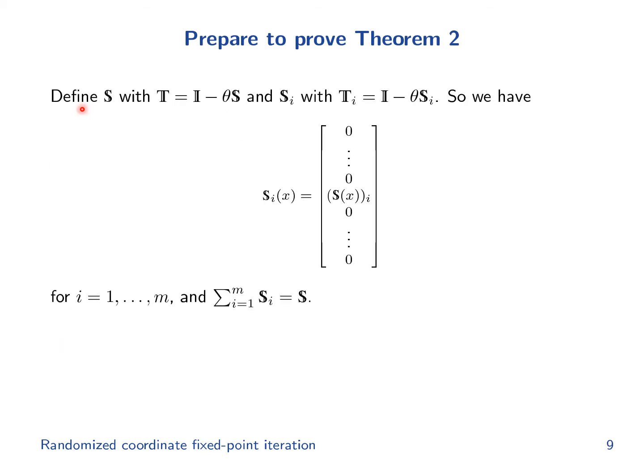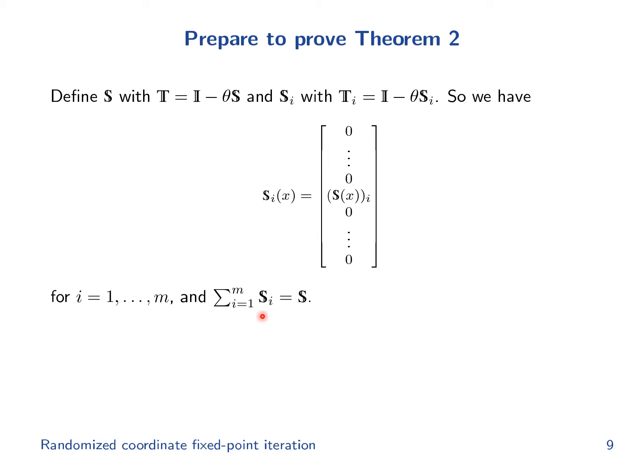As the second preparation, we introduce operator S and operator Si. S satisfies T equals identity minus theta S, or S equals identity minus T divided by theta, and Si has a similar definition. So Si is equal to the S operator on the ith component and 0 on all the other components.